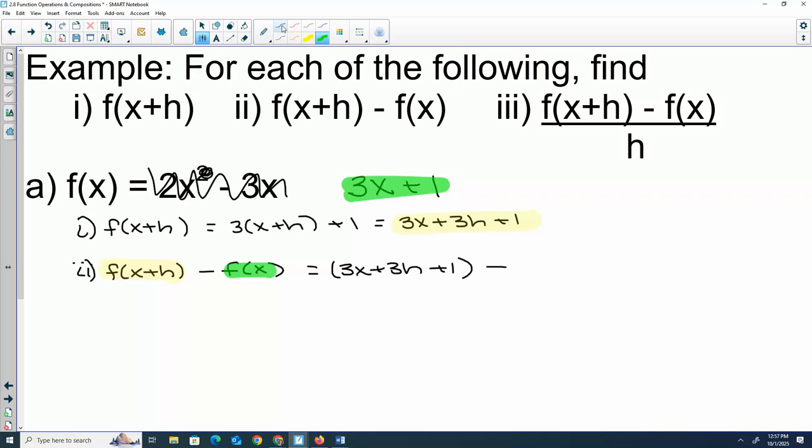What's my original? 3x plus 1. What would I do with my negative? Then 3x and negative 3x cancel. 1 and negative 1 cancel. And we just get 3h.